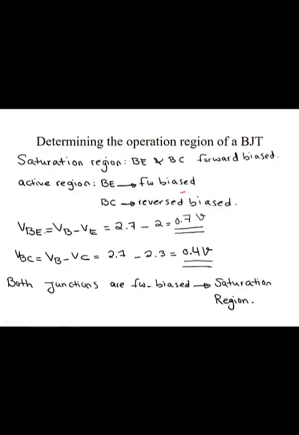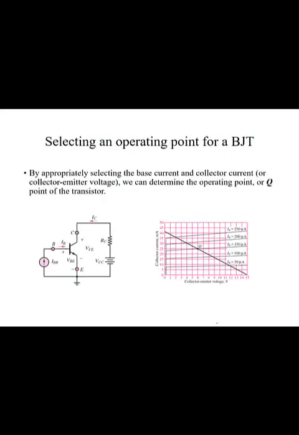So this was the first method to find the operating region of the BJT. In this method we do not need to use the graph of the transistor.